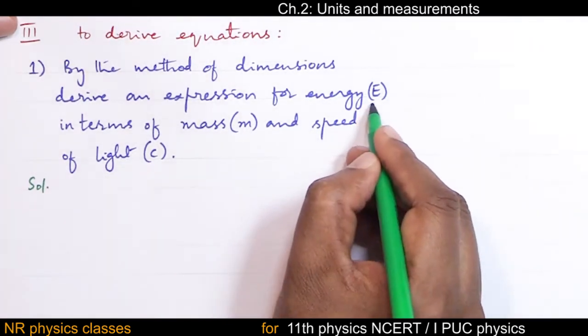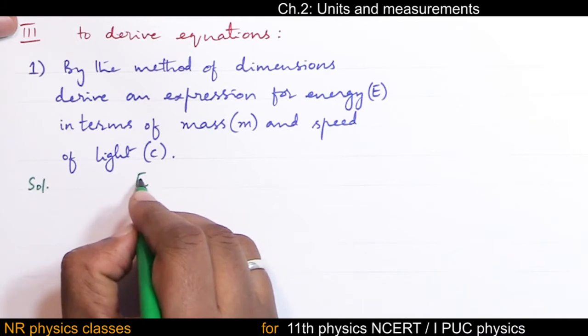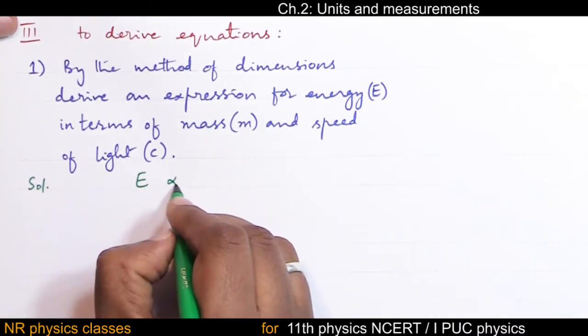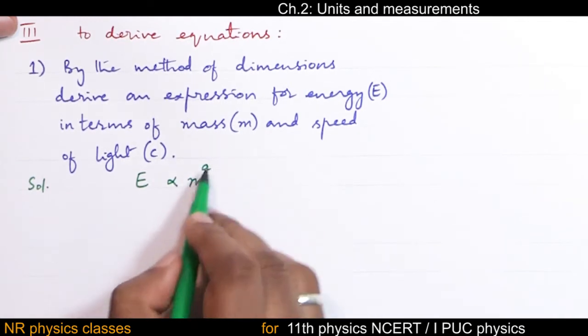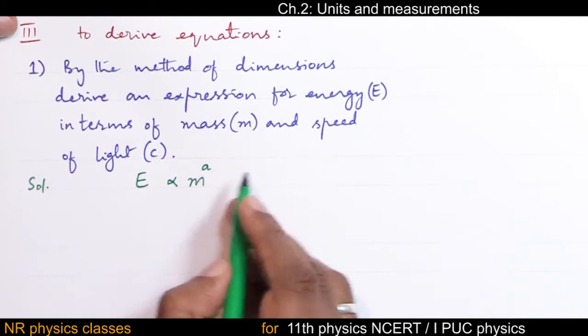It is given energy depends on mass, but it is not given how it depends. So let us write E proportional to M to the power A. We don't know this power; this says how it depends.